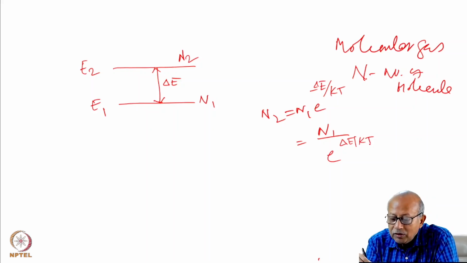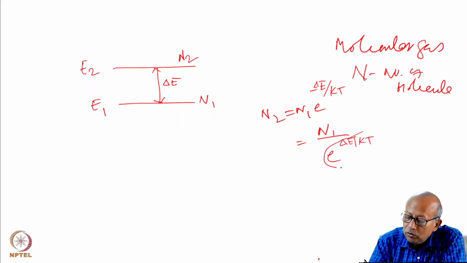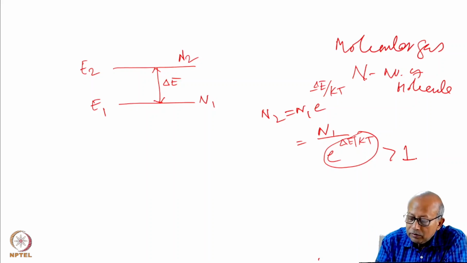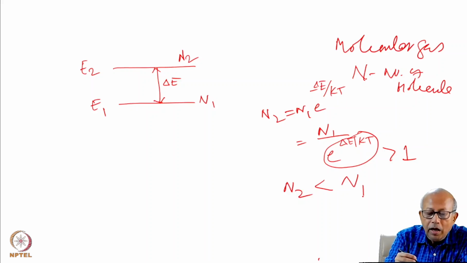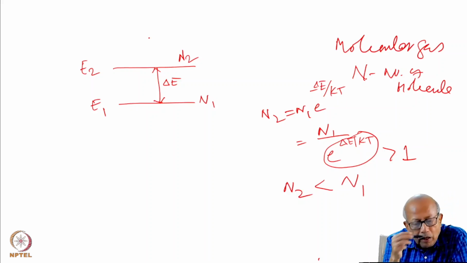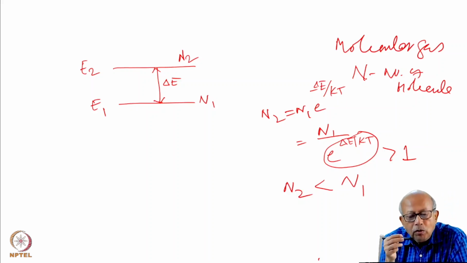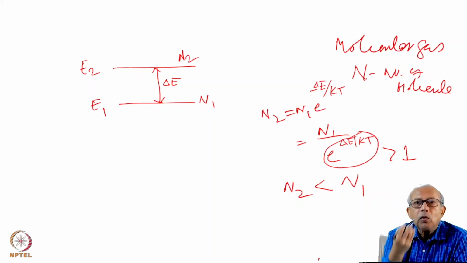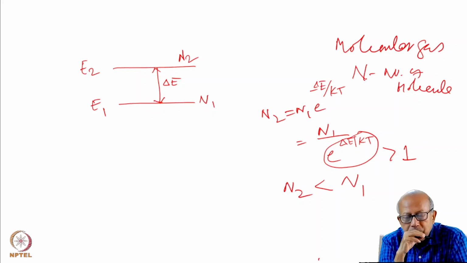For any finite temperature, e^(ΔE/kT) is going to be more than 1, and hence N2 will be less than N1. That means as you go up in energy, the number of molecules in that energy state is lower than in the energy level located under it.